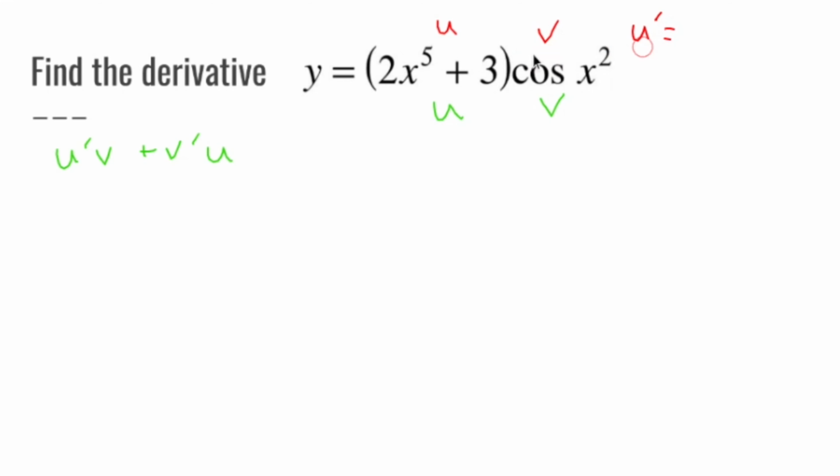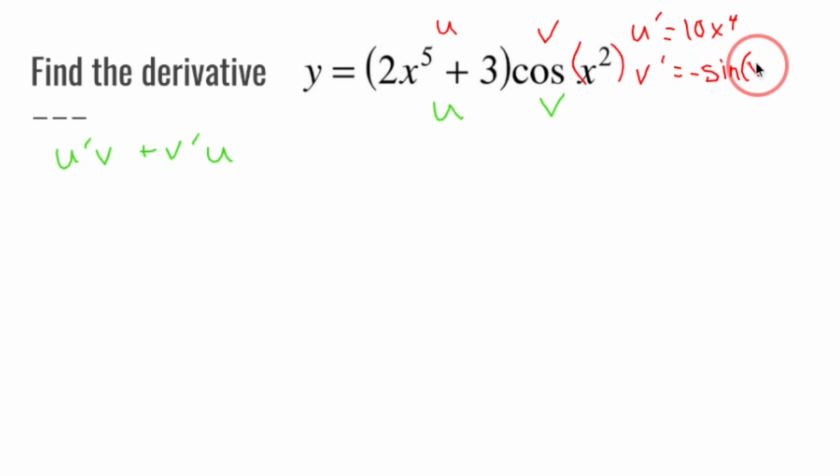U prime is going to be drop down the 5, 10x to the fourth plus nothing. V prime is going to involve chain rule. The chain rule is take the derivative of the outside stuff, keep the inside stuff, but then multiply everything by the derivative of the inside stuff. So v prime is going to be the derivative of the outside, so the derivative of cosine, which is negative sine.